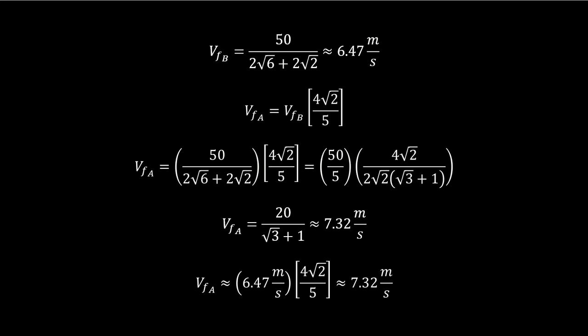Just factoring out some common things, that becomes 50 over 5 times 4 square root of 2 over 2 square root of 2 times square root of 3 plus 1. This is just for those who are more comfortable with modifying algebraic equations.